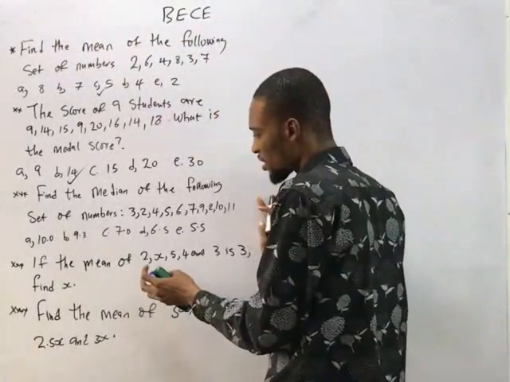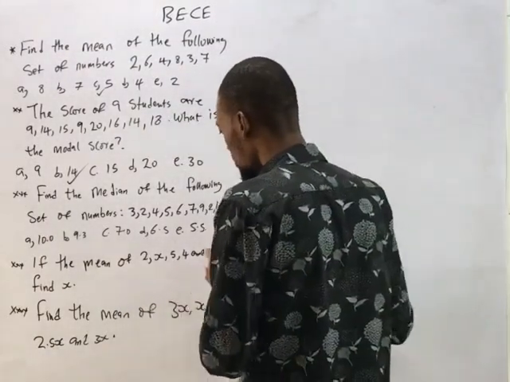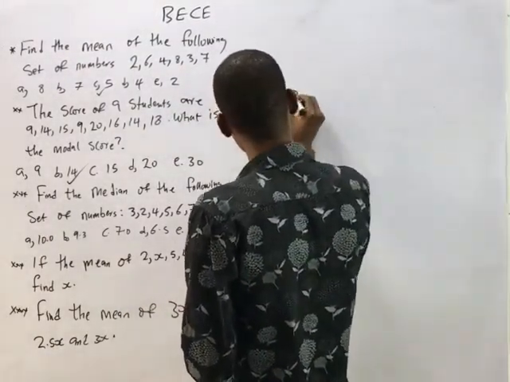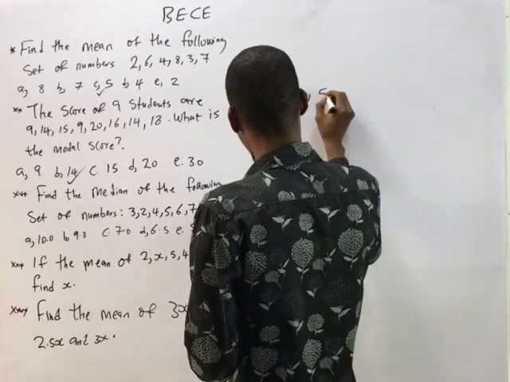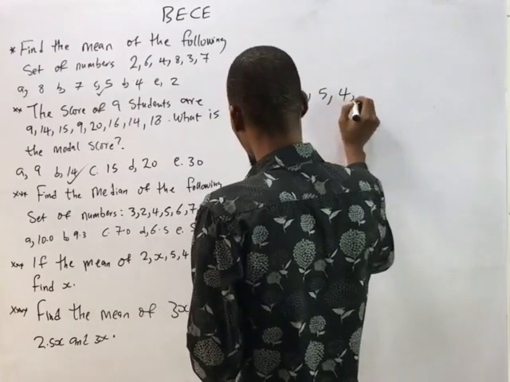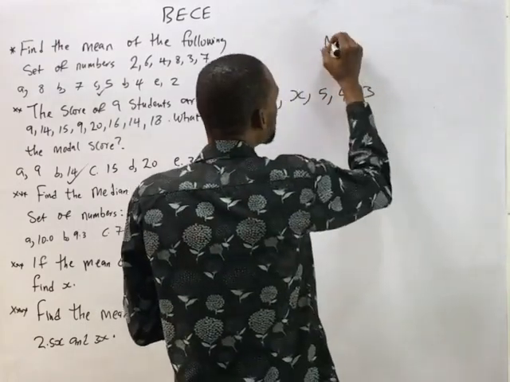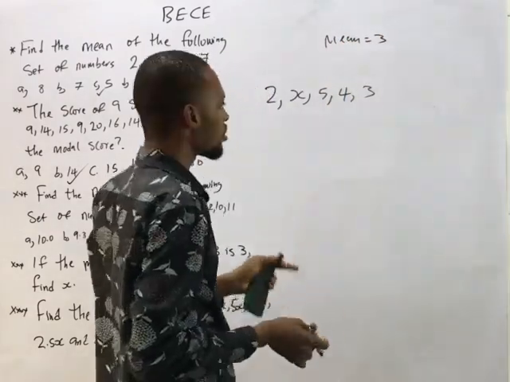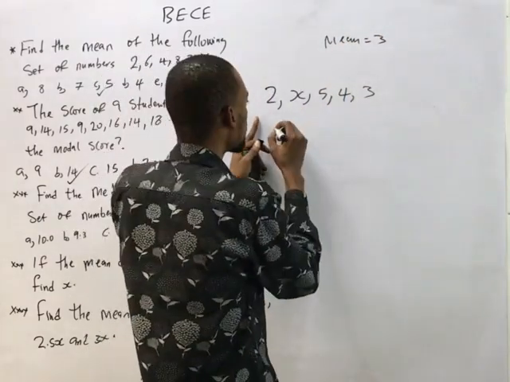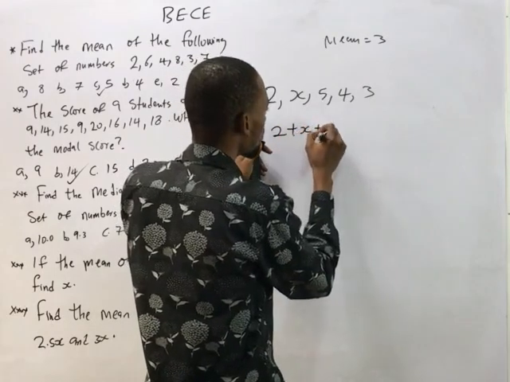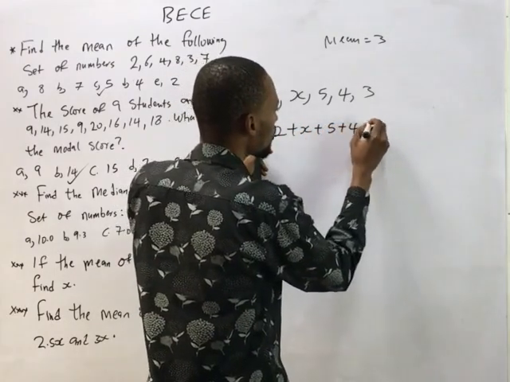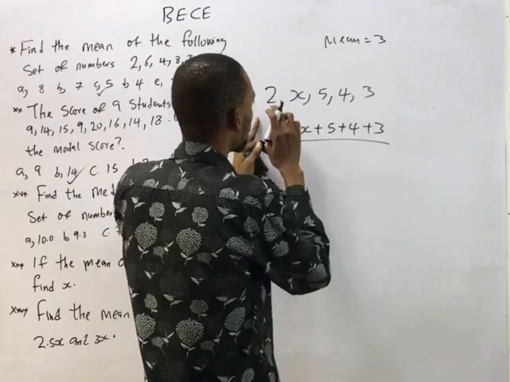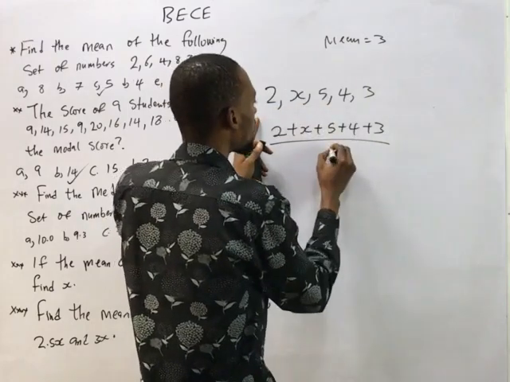The next question says, if the mean of this set is 3, so we have 2, S, 5, 4, and 3. So we are told that the mean is 3. And remember how we calculate mean. If we are looking for the mean of these numbers, it is simply 2 plus S plus 5 plus 4 plus 3 over 5, since there are 1, 2, 3, 4, 5 numbers.